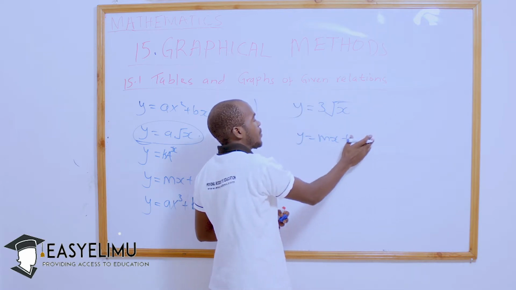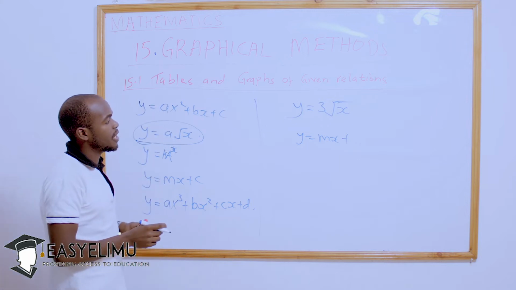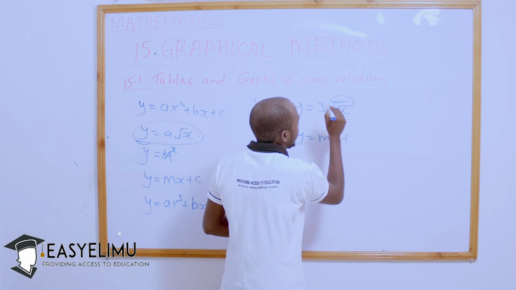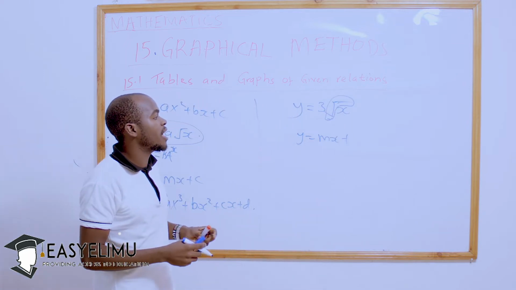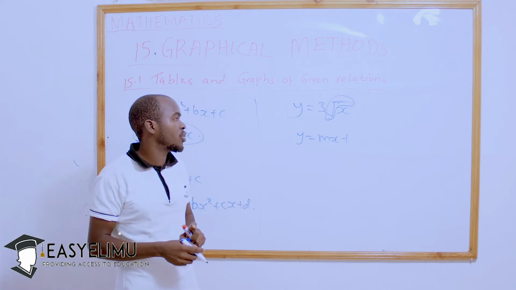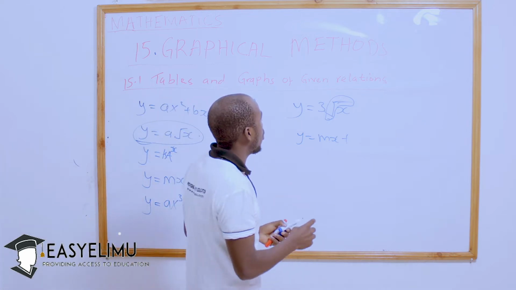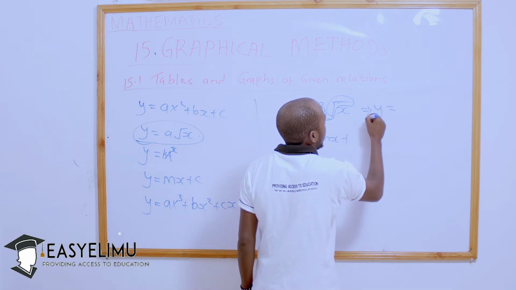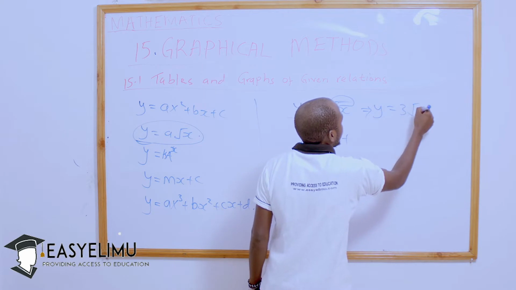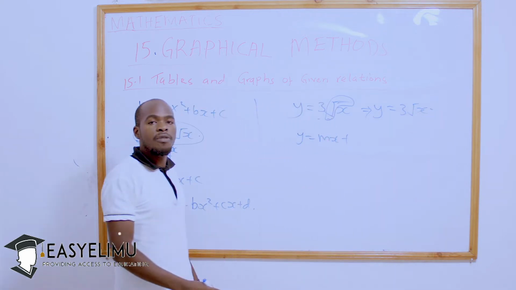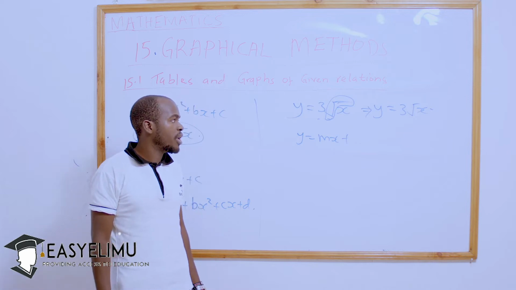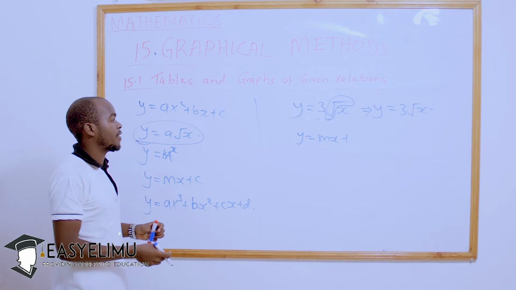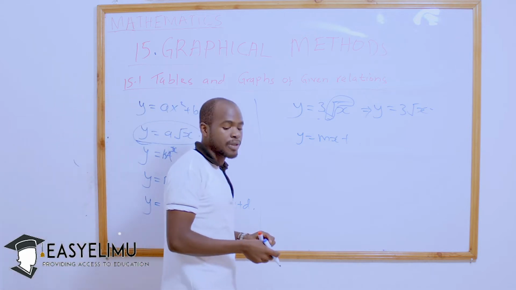But because we have this square root sign, that one will not be a linear function. If you construct, you will find the graph of y equals 3 square root of x will give you a curve. That one will not be a straight line, so it doesn't lie under linear functions. We shall consider that one and work it out.